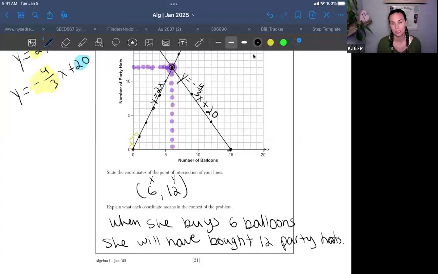And that might seem silly, and that's the part that everyone struggles with, is explaining, because it does seem a little silly, like, obviously we know that. But it's important to show that you really fully conceptualize what's going on in the context of the problem.